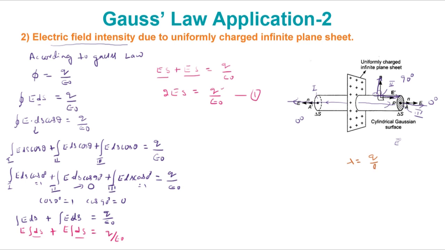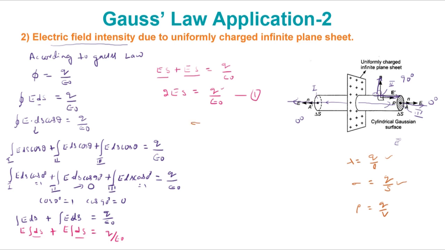In the same way, sigma is equal to charge divided by surface area, that is surface charge density. Next, rho is equal to charge divided by volume, that is called volume charge density. In the previous case we applied this one. Now, because this is a thin plate having a surface area, we have to apply this one. So I will consider this one.